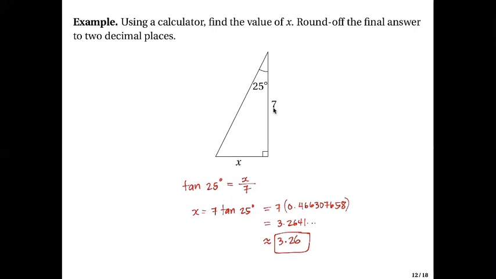Okay? Now, there is a question here. Suppose you got 7.6559. So when we round up, it will be... suppose you got 7.655.